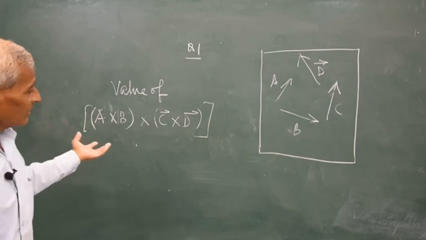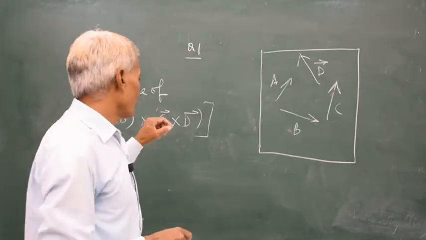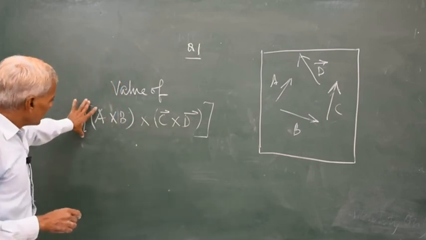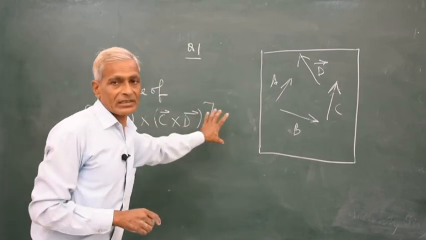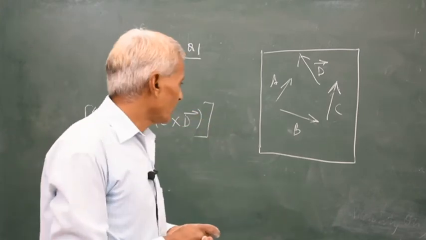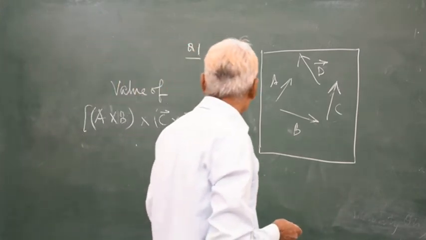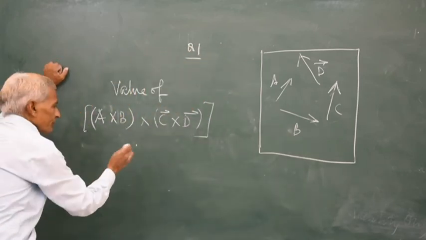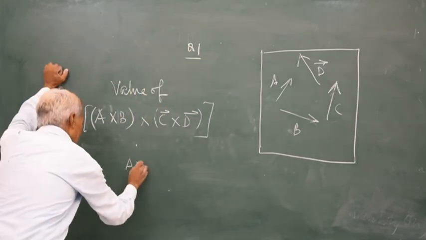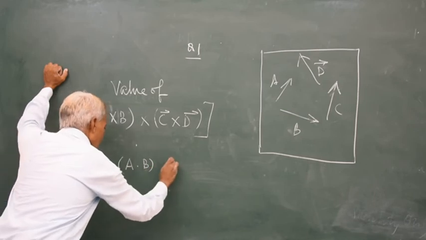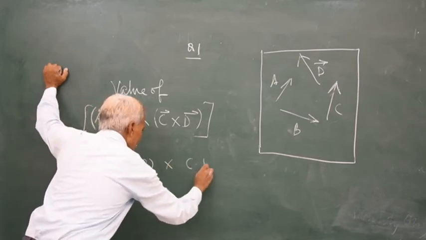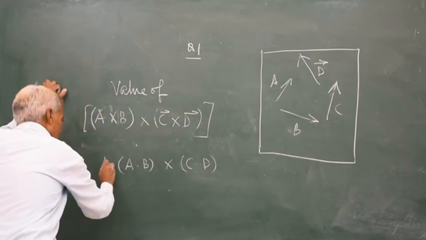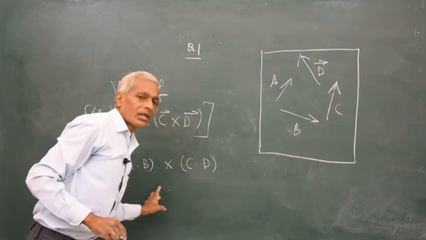So it is clear, cross product is known to you. But here there are 4 vectors. You have to understand what the answer is. And one more question: which one is meaningless? A dot B cross C dot D. Is it meaningful or meaningless?